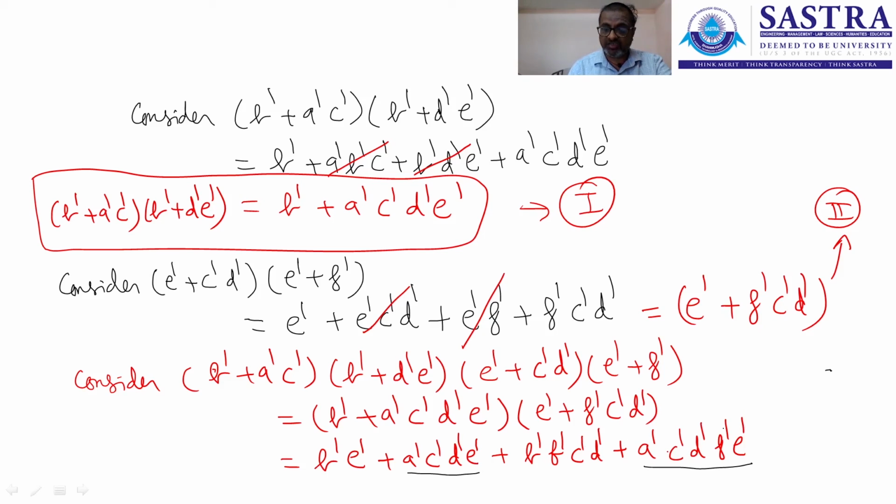The difference between these two terms is that the fourth term contains F. So when I use the rule A + AB = A, taking A'C'D'E' as A, this can be removed. So this gets reduced to three terms. I call it equation 3.